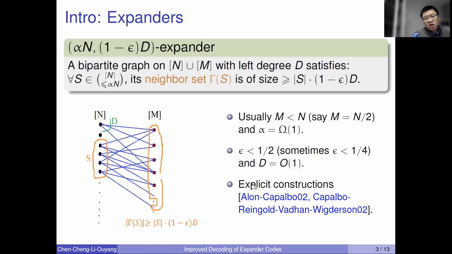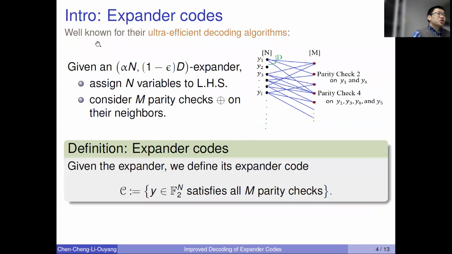Next, let me define expander codes, which are well known for their ultra efficient decoding algorithms. Given an expander with n vertices on the left and m vertices on the right, we define its expander code by assigning one variable yi to each vertex on the left and considering each vertex on the right as a parity check on its neighbors.